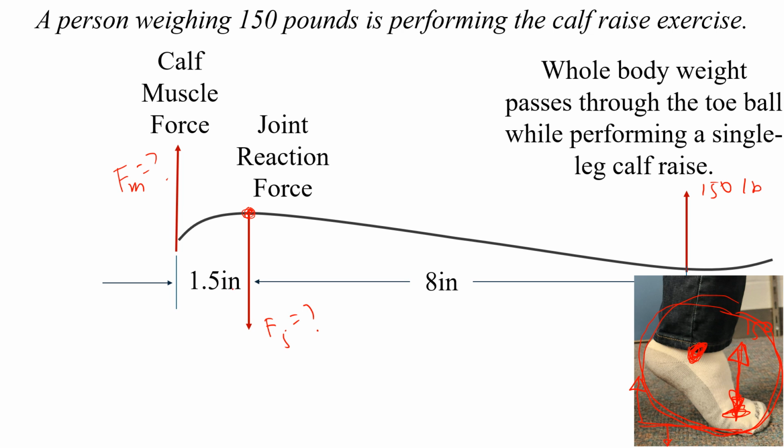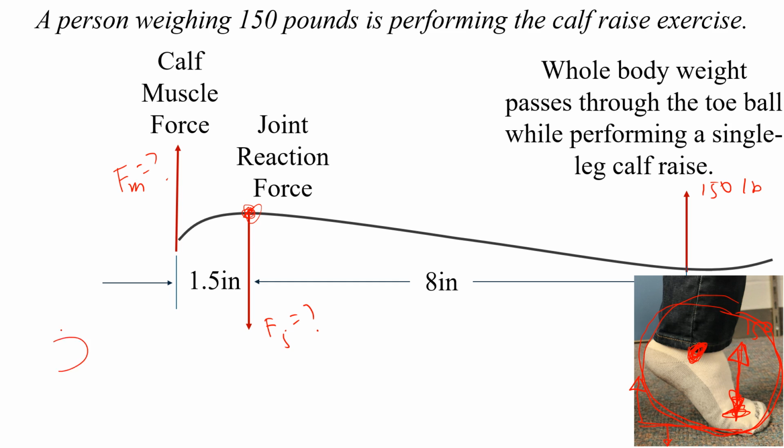When you're solving problems, it's to figure out where I should take moments to cancel one of the unknowns. So in this case, let's say we're trying to find out the muscle force, then you take moments here at the joint. If you're trying to find out the joint reaction force, then you take moments at the muscle. That will cancel the muscle force.